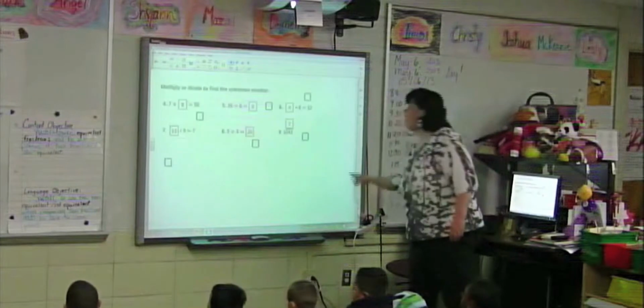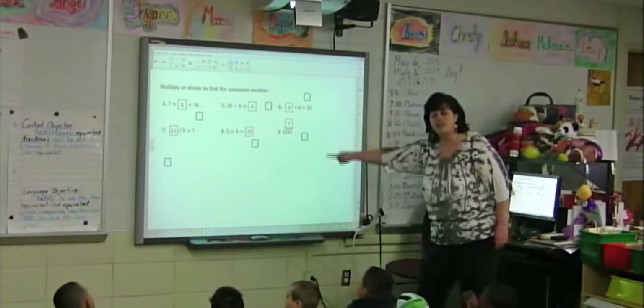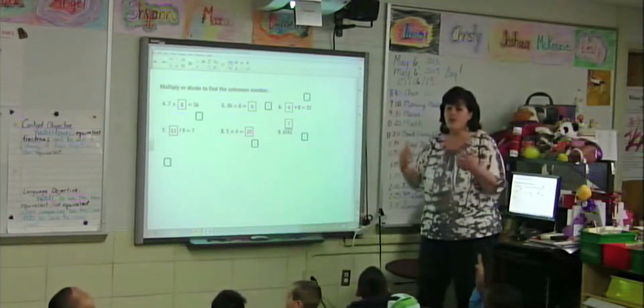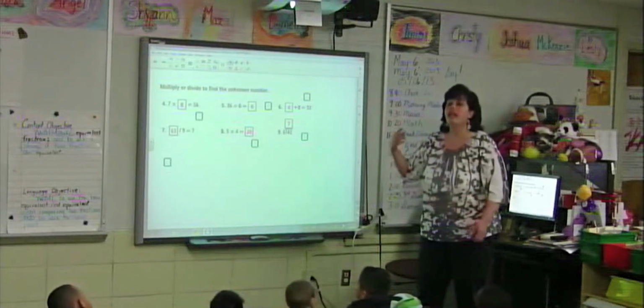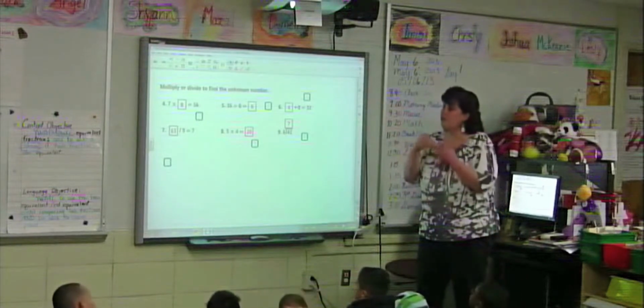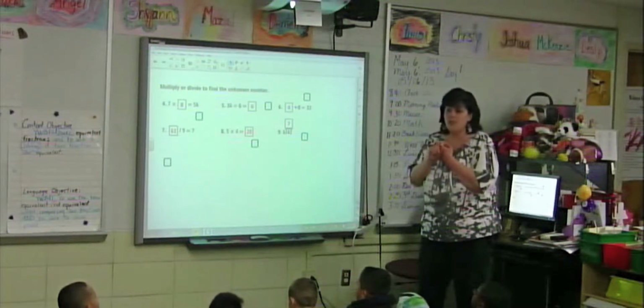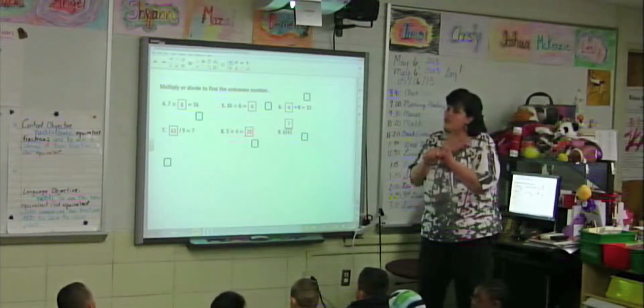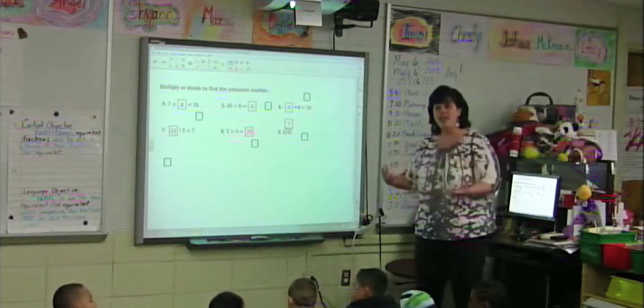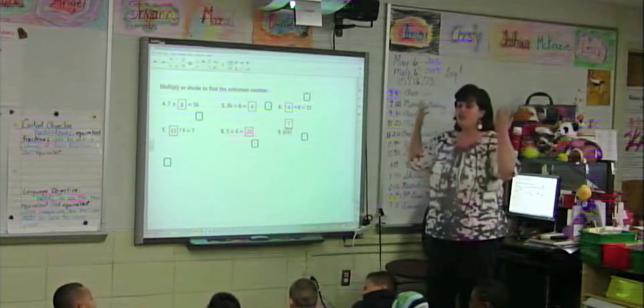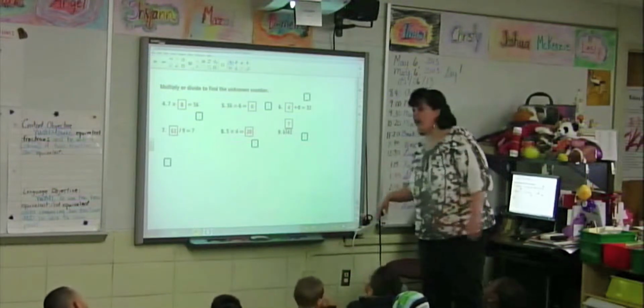Now, if we go back to what we were doing here with multiplication and division, guys, you have to know those facts to be able to make equivalent fractions. If you don't know your multiplication, equivalent fractions are going to be a little bit more difficult. So that's why we did our warm-up today with multiplication. So you've got those facts kind of warmed up in your brain.